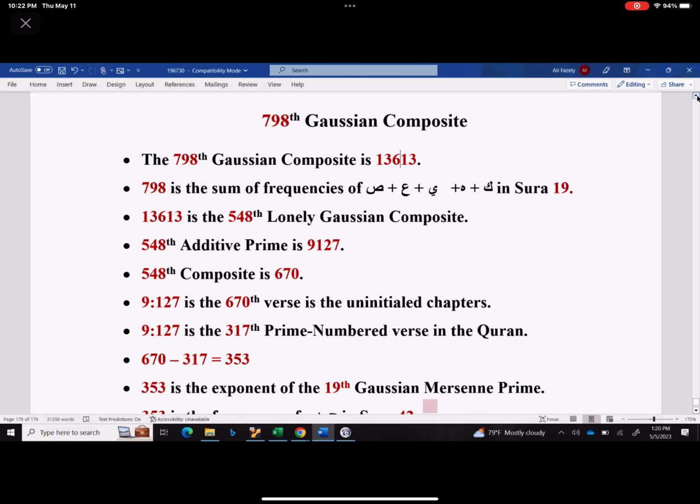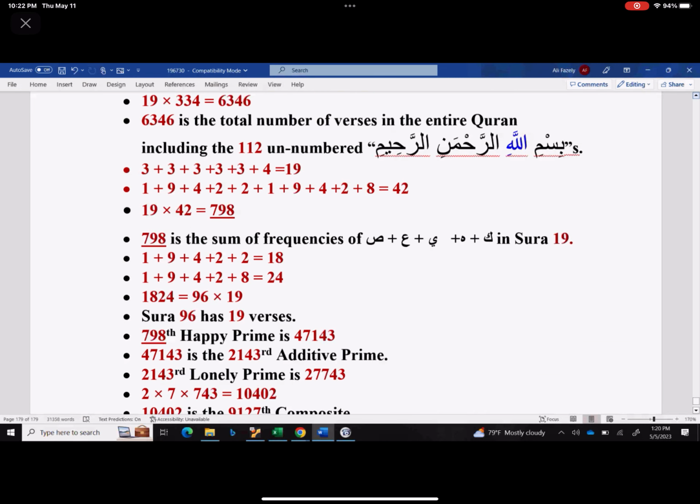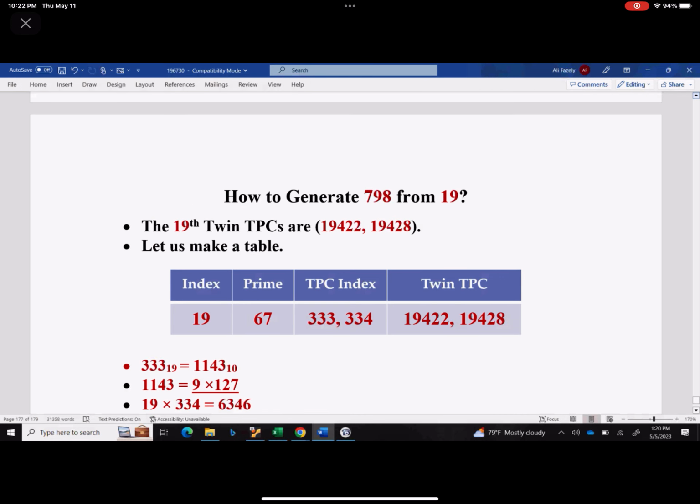So we've been talking about the 798 for a while now. Last week I went back and showed how to generate 798 from 19. We went through this exercise of looking at these 20 PCs, which are rare twin prime companions, and the twins only differ by 6.